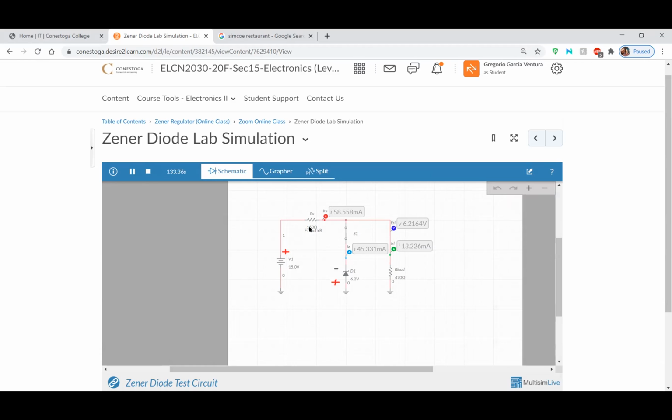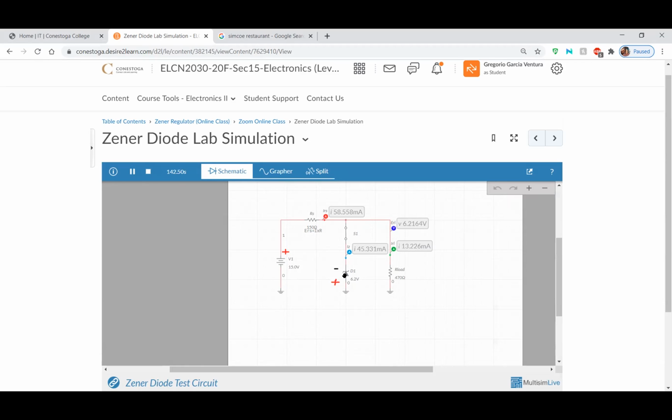the additional current that is supposed to flow through the circuit because of the increased voltage goes through the Zener diode. When voltage goes up, current goes up; Ohm's law is not violated by this circuit. Because the Zener diode only needs 6.2 volts to start conducting, or to start behaving as a closed switch, any additional current will flow through it without increasing its voltage.